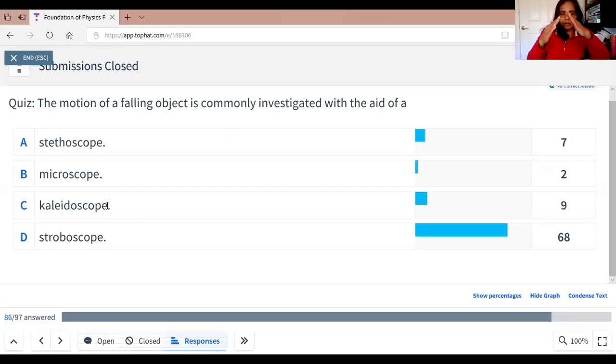It is a triangular shaped tube made out of mirrors. You can put some objects inside and then you can see nice patterns in there. You can Google the kaleidoscope, and you may see pictures in there. So there are toys that use kaleidoscope. Yeah, so we are using a stroboscope to do the motion analysis. Stethoscope, come on.